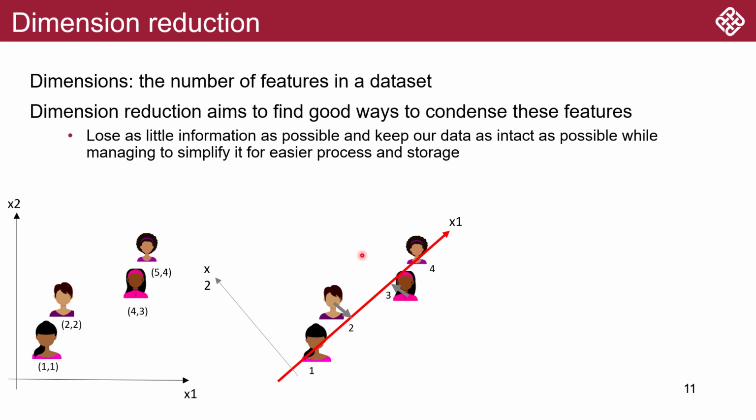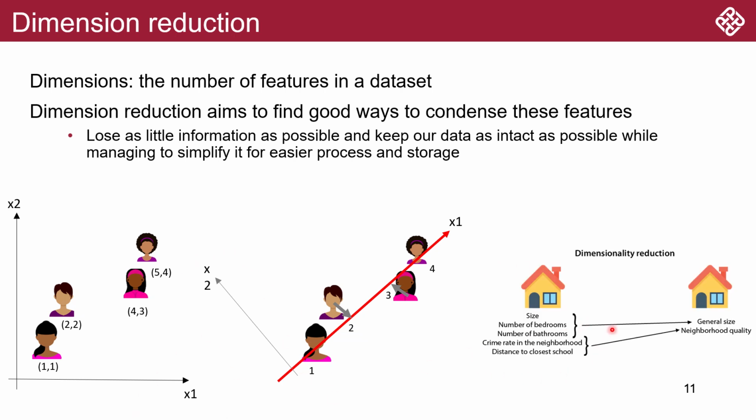For example, x1 is useful, but x2 is useless because it does not affect the estimated output y. So we skip x2, just like in housing price estimation, where we put together the number of bedrooms, number of bathrooms, etc. to estimate the price of the house.